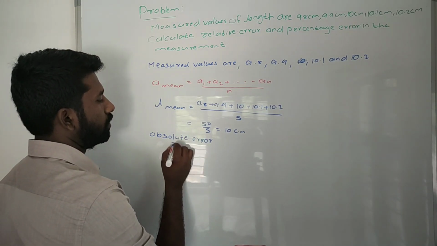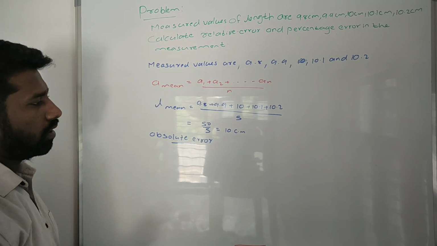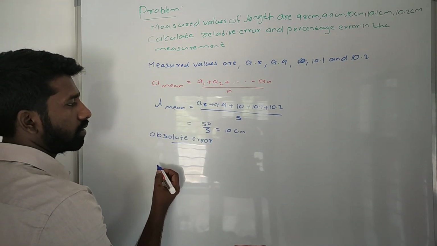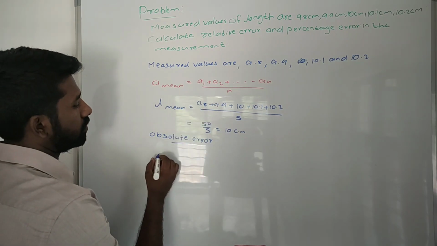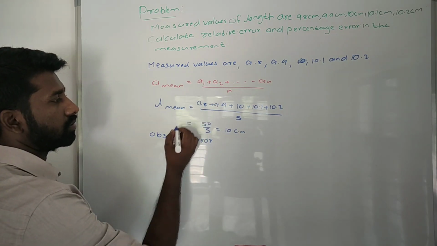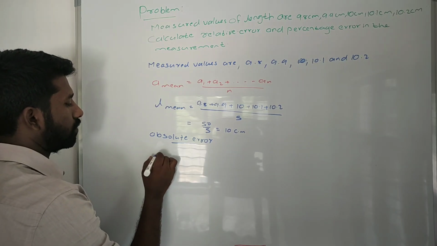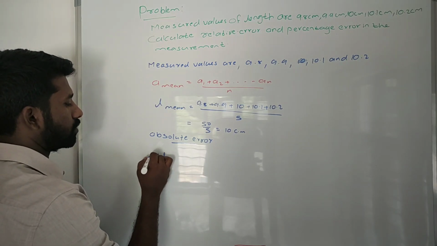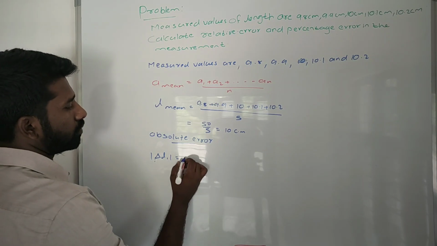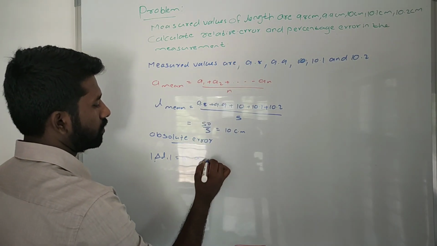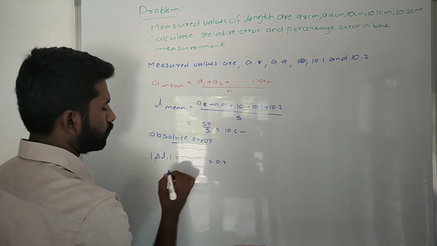Absolute error in each measurement. Absolute error means the true value minus the measured value. So I am going to find the absolute error in the first measurement. The true value is 10 minus the first measured value 9.8, that gives 0.2.